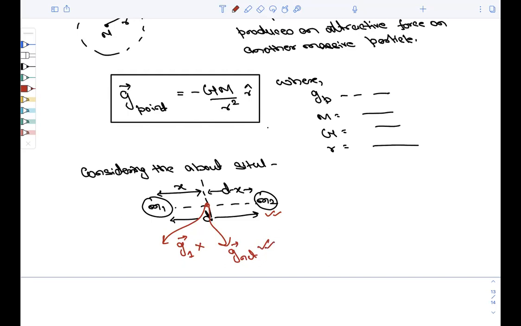So always remember that the gravitational field is a property of a mass in a space coordinate, and as it is a vector field, g net can be 0.